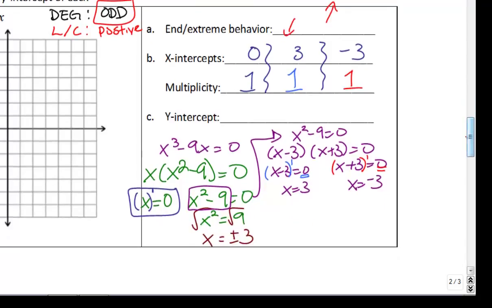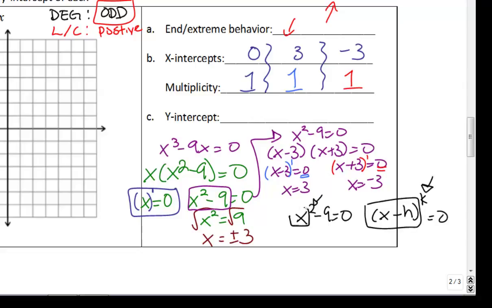Students get confused when they look at something like this. And I'm going to write this down and erase it, so you may not want to copy this. But x squared minus 9 equals 0. And they think, oh, there's a square there, that means I have a multiplicity of 2. No. Why no? Remember, I said it has to be x minus h raised to the k equals 0. Well, do I have one whole thing raised to a power?